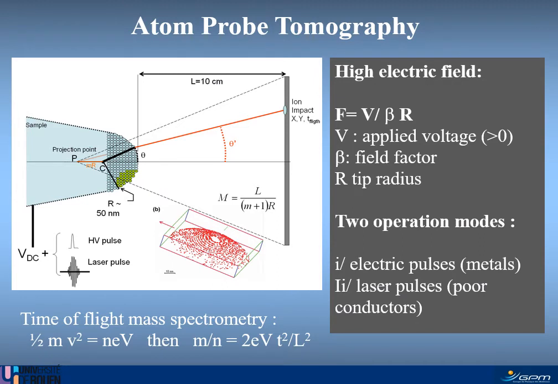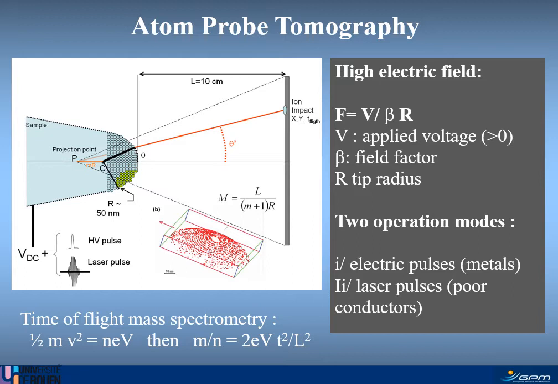Now let us describe briefly the principle of atom probe tomography. Again, we've got a tip, and if we apply a positive voltage on this tip, we will have an electric field. Now imagine that you've got 5 kilovolts applied to this tip. The electric field that is applied is not sufficient to field evaporate surface atoms.